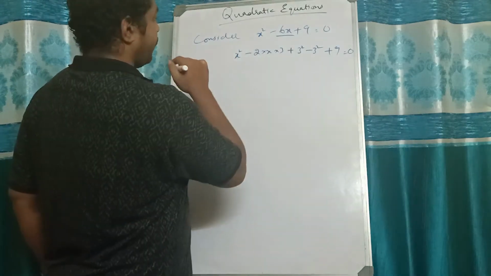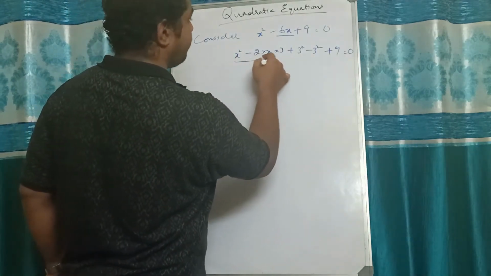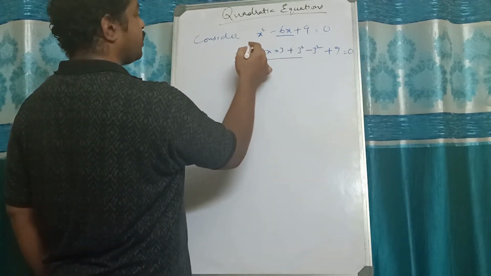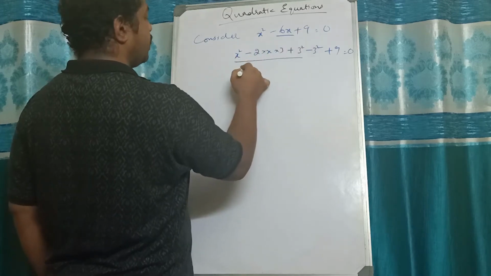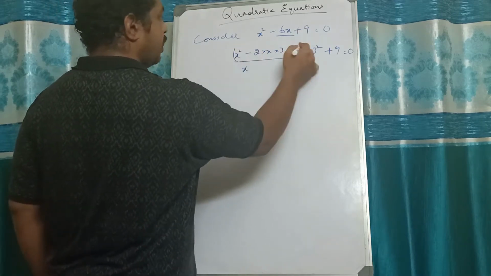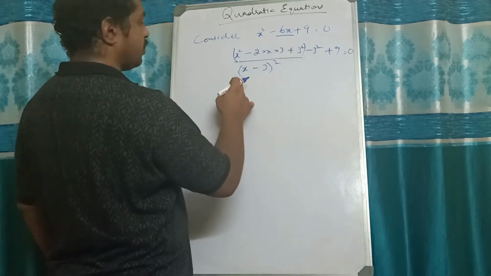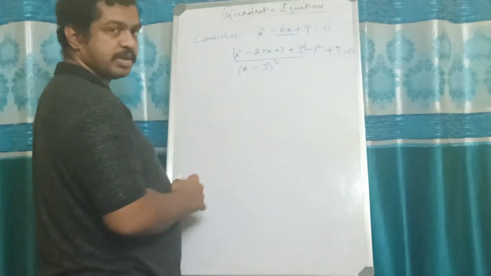Yes, now if you consider the first 3 terms, the term is of the form a square minus 2ab plus b square. So we can express this particular expression in the form of x minus 3 the whole square, because of the formula a minus b the whole square, right?